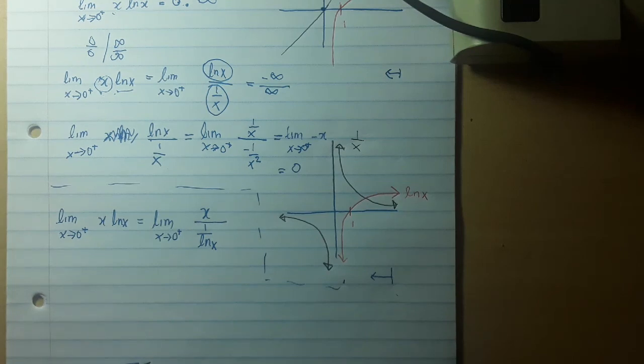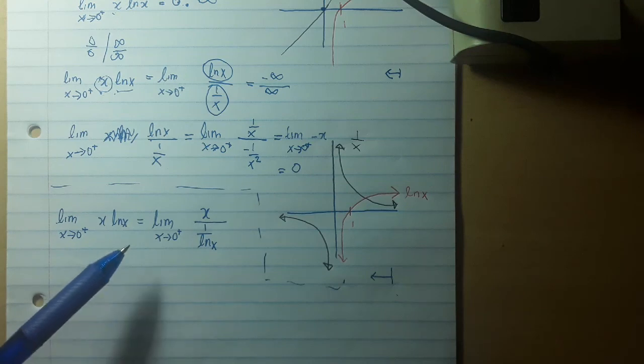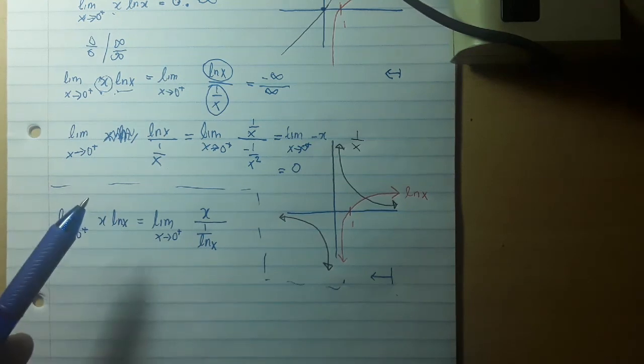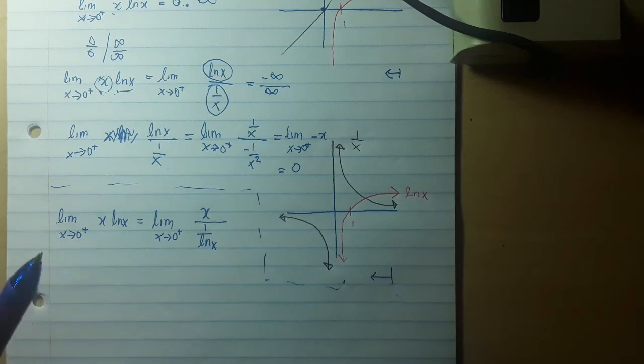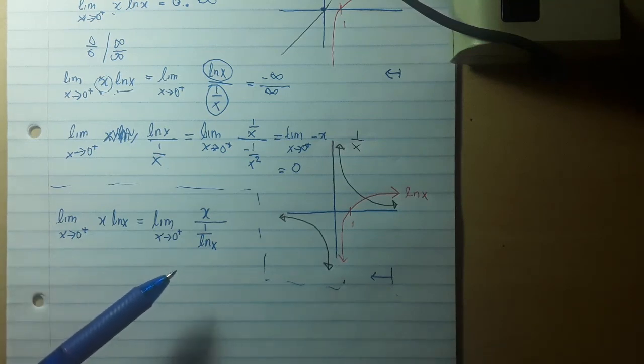So when we rewrite an indeterminate product, we try to choose an option that will lead to a simple limit. That's the lesson of this video.